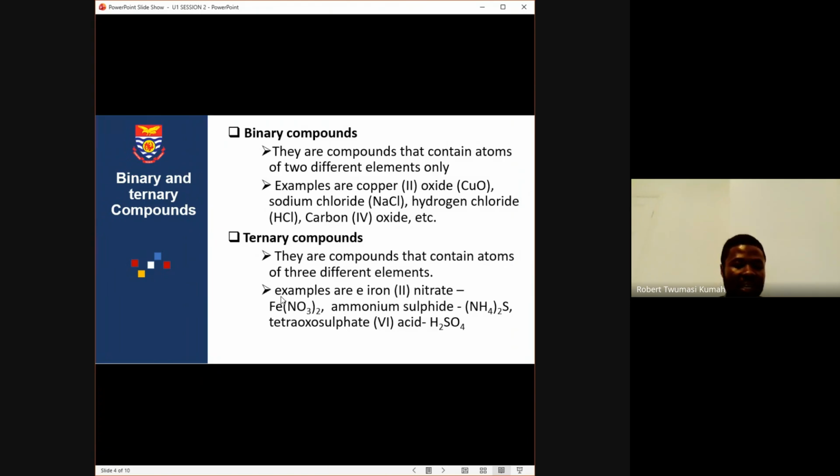So we have three different elements there, irrespective of the number of atoms present. We have the tetraoxosulfate 6 acid, H2SO4. We can count oxygen as 1, sulfur as 2, and then hydrogen as 3. We can talk about more examples, but whatever examples we want to mention, we are to ensure that we only have 3 different elements present.